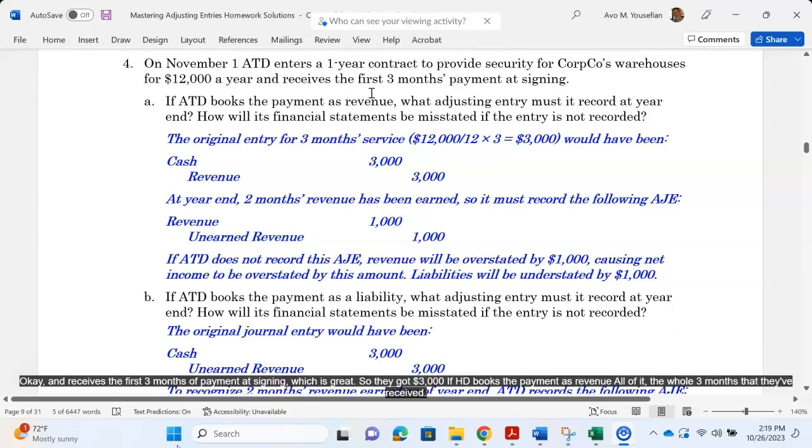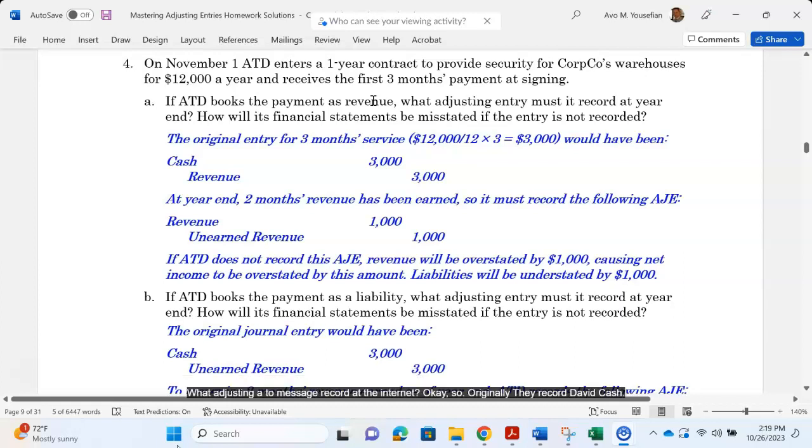Okay. And it receives the first 3 months of payment at signing, which is great. So they got $3,000. If ATD books the payment as revenue, the whole 3 months that they received, what adjusting entry must it record at the year end? Okay. So originally, they record debit cash and credit revenue. Post this to the T account, please.